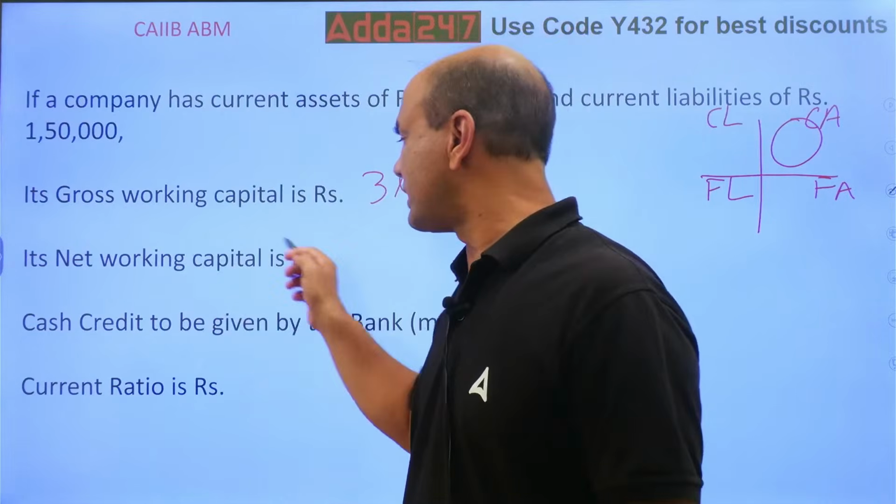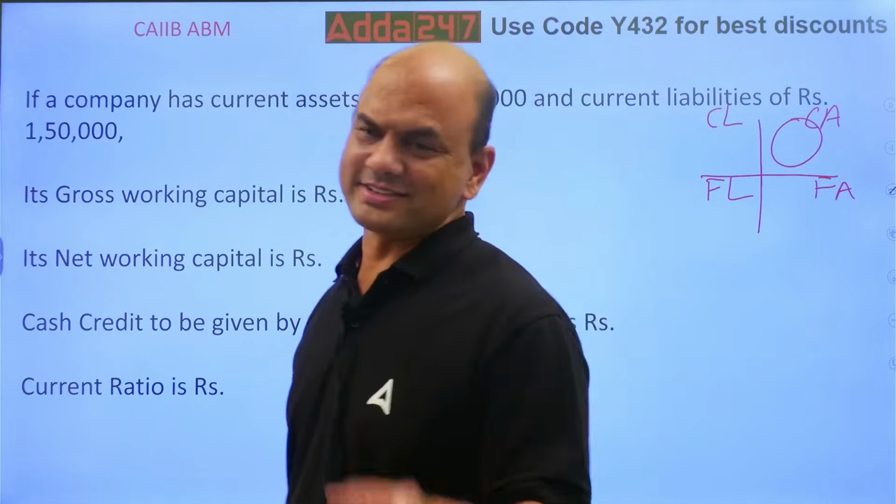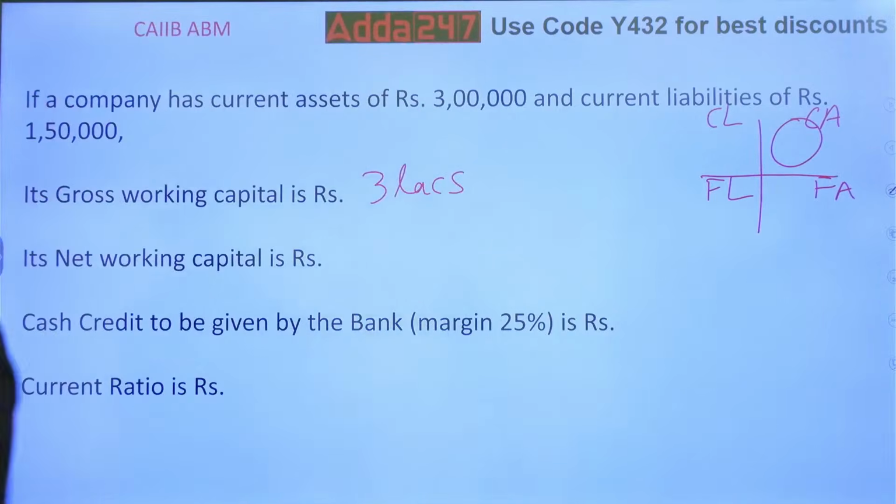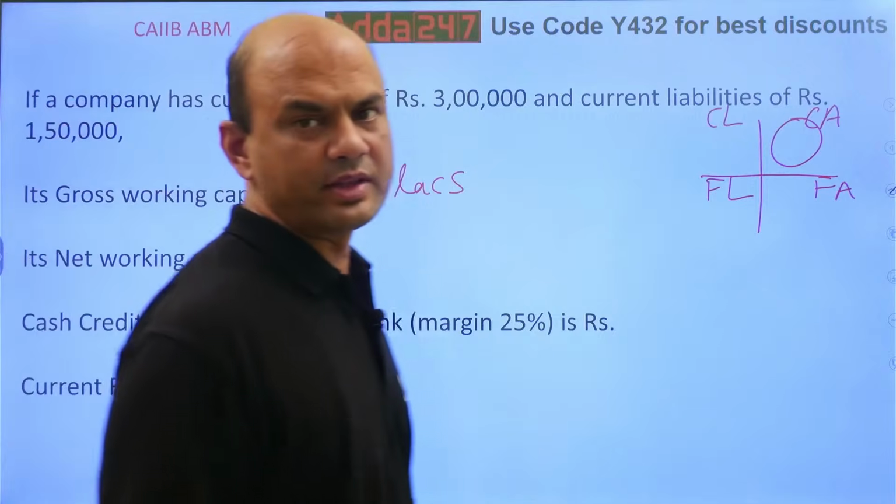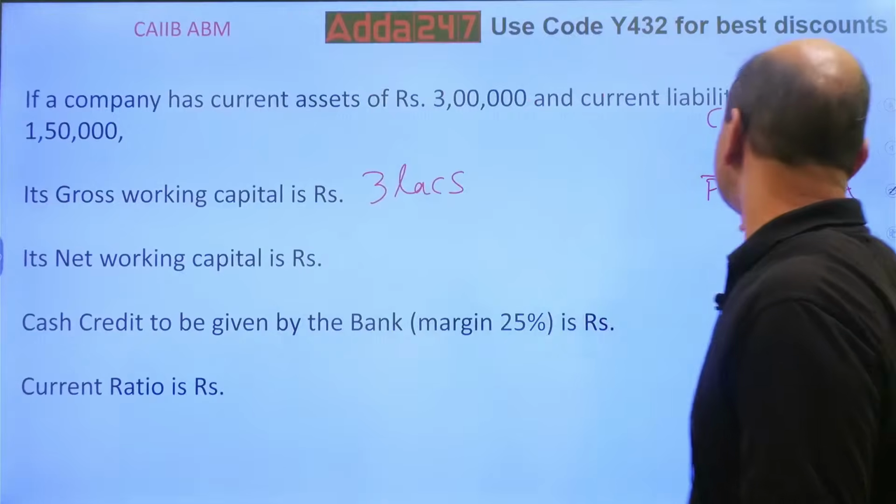Next, its net working capital is. Now this, let me get it from you first. Net working capital is. What do you mean by net working capital? Net working capital means the difference between current assets and current liabilities.